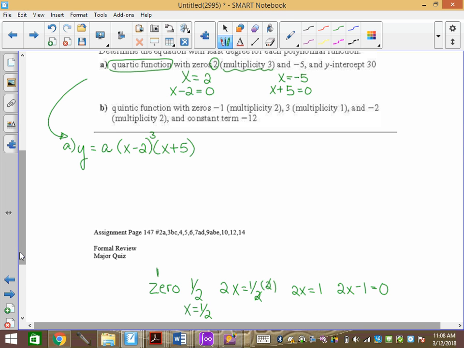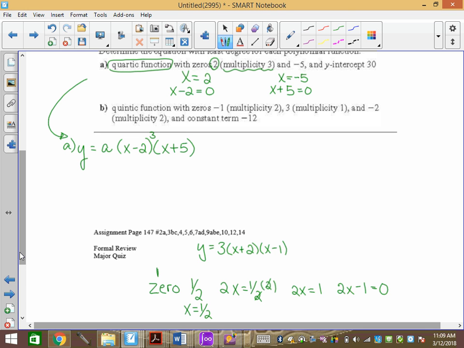Because remember when I told you when it was in factored form, and you had a 3 in front, let's say, you had a 3 in front, in factored form, does it change your x-intercepts at 3 in front? If you have y equals 3, x plus 2, x minus 1. My x-intercepts are negative 2 and 1. Did that 3 change it at all?